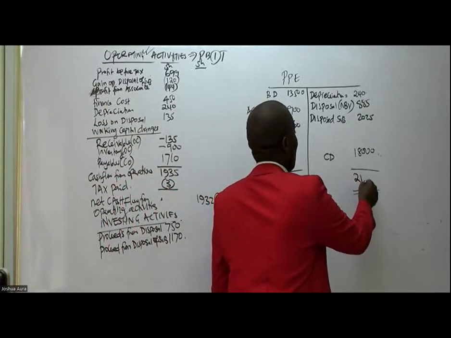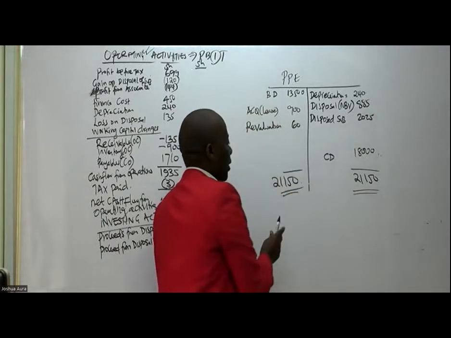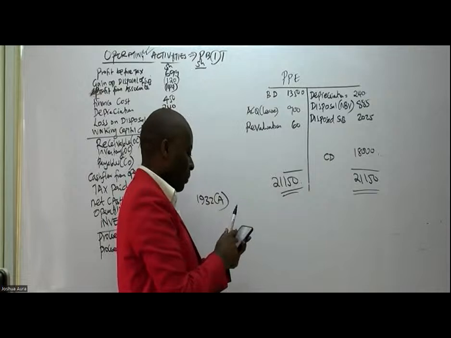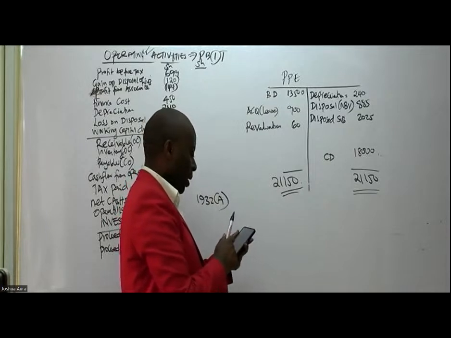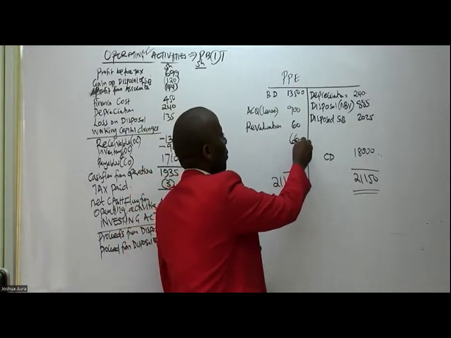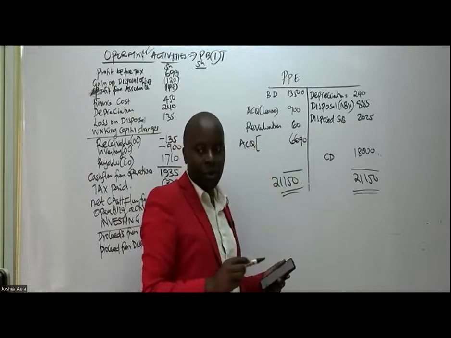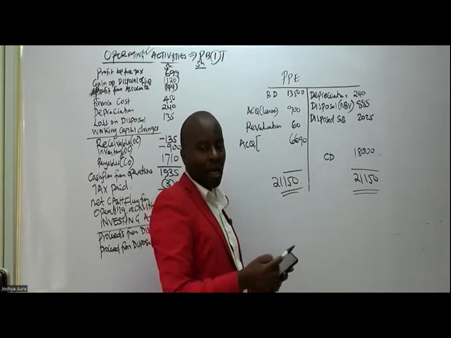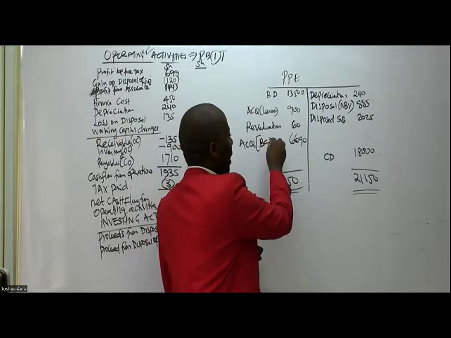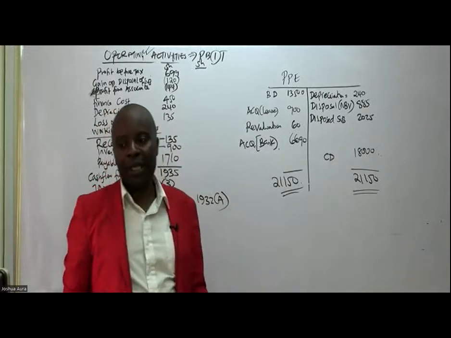So the balancing figure, after minus 60, minus 900, minus 13,500, is the assets that we acquired, but this time directly through cash. So bank, acquisition through bank, 6690. Could you kindly confirm? Yes.